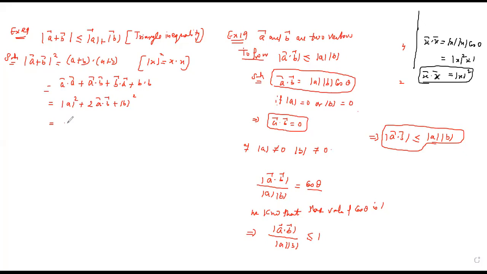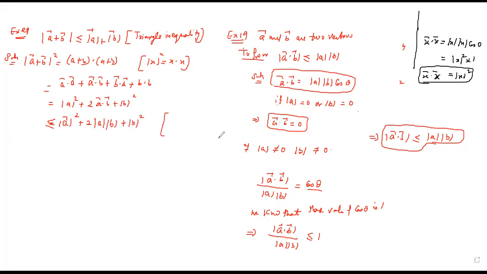Which is equal to mod A square plus, can I write it as 2, less than or equal to, A dot B will be replaced by mod of A times mod of B. Why?